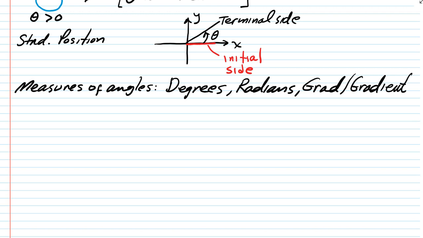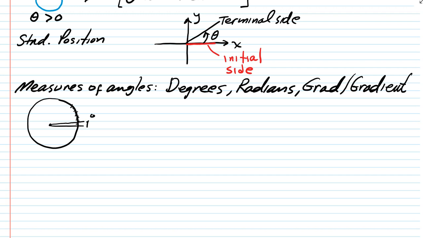In degree measures, the circle is divided into 360 equal parts. So if you break this into 360 equal parts, that would be 1 part, so this would be 1 degree. Remember, the full circle is 360 degrees, therefore 1 degree would be 1/360th of a complete rotation around the circle.